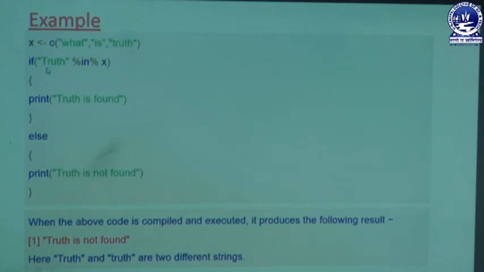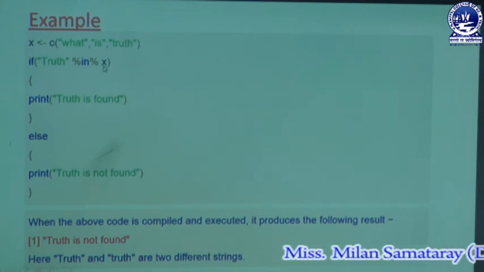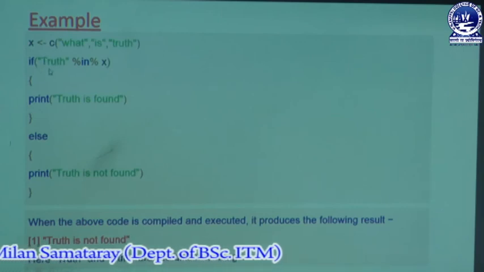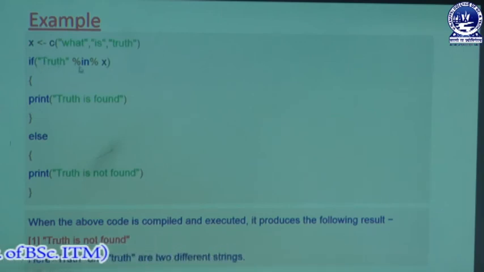So the condition given is whether the element truth is present inside the x vector or not, or you can say whether the value we have given belongs to the vector or not. If it belongs, then truth is found, otherwise truth is not found.